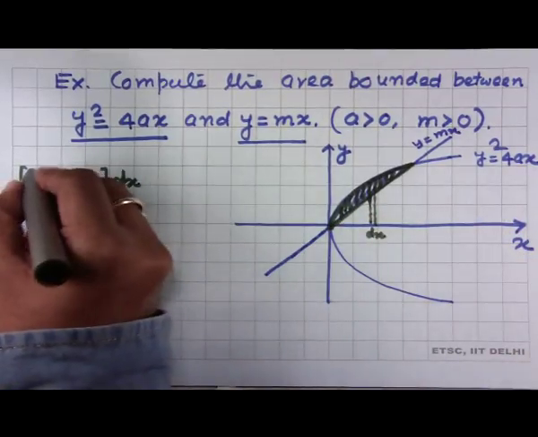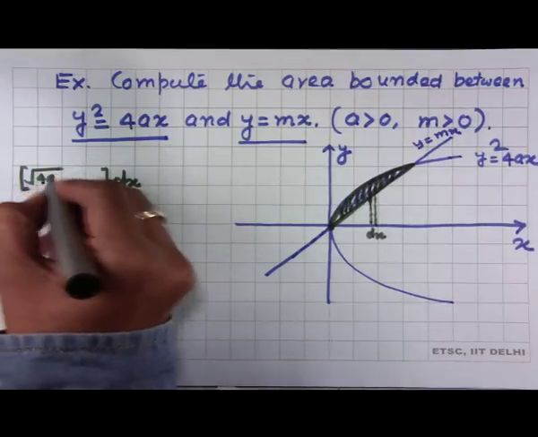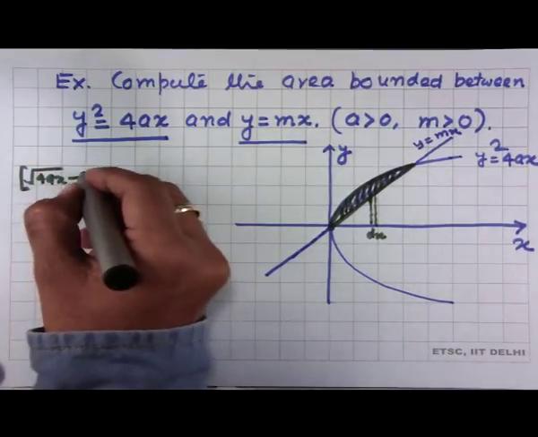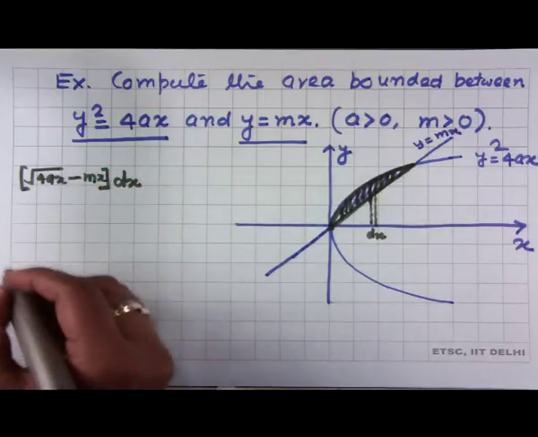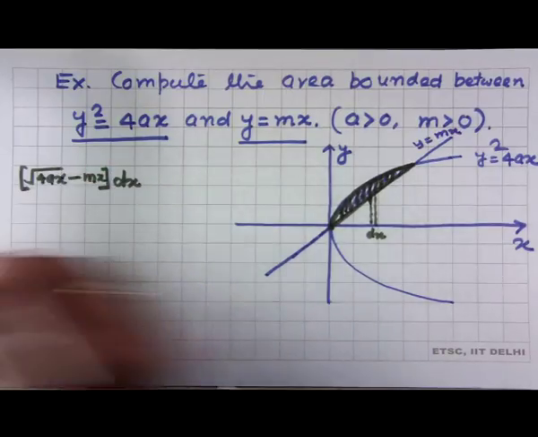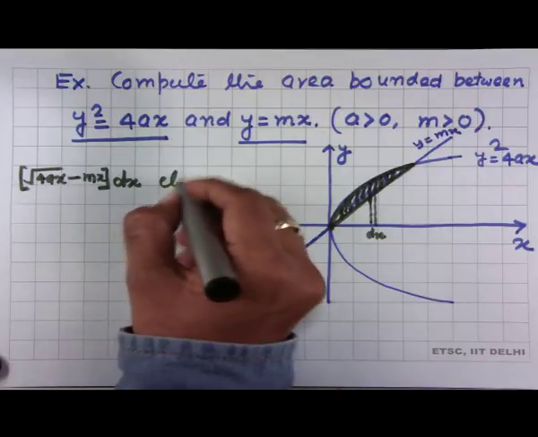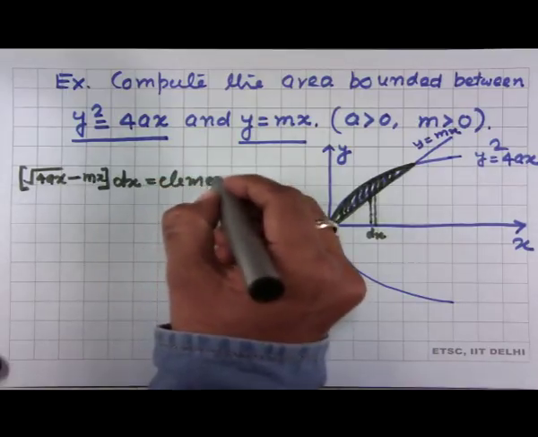So, we get under root 4ax minus mx, under root 4ax minus mx, as this is our elementary area.